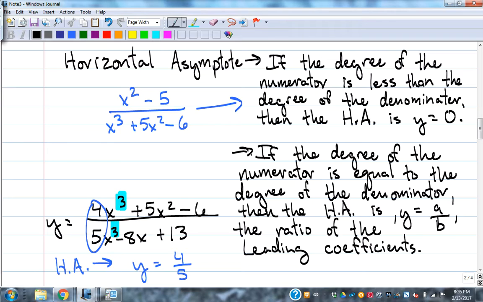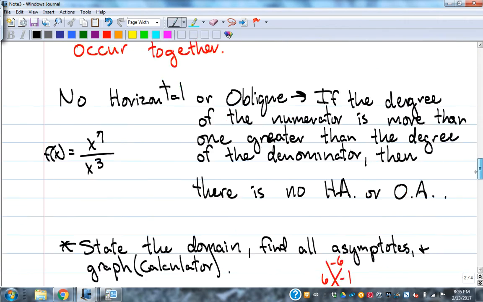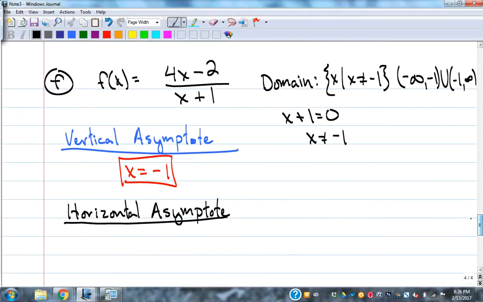Yeah, that's the ratio of the leading coefficients. So we go back down here to this problem. Yeah, 4/1. That's it. Y equals 4. Technically, it's 4/1. We're just going to put 4, because it fit the rule where the degrees are the same. Take the leading coefficients, divide them. Simplify that fraction if possible. Okay? So if it's got a horizontal asymptote, what do we know about obliques?